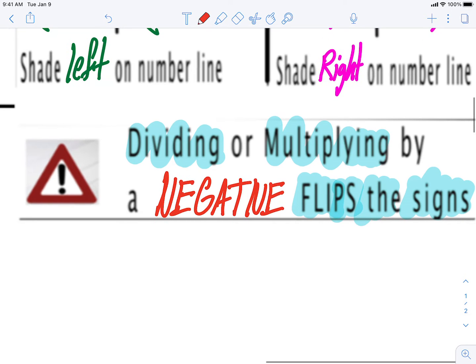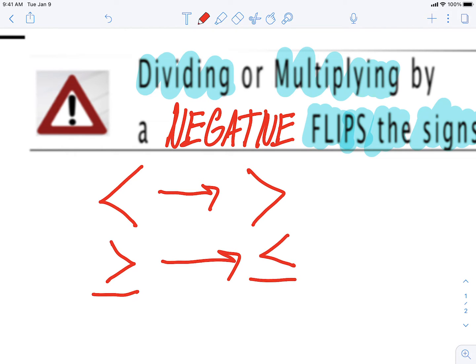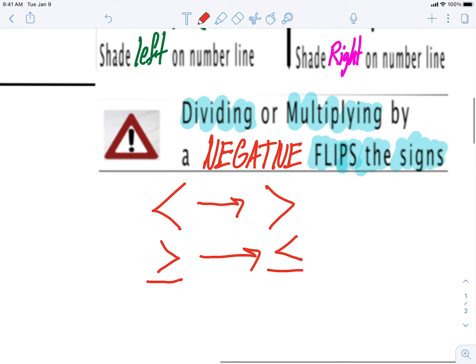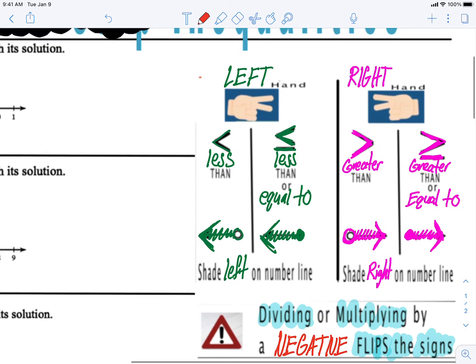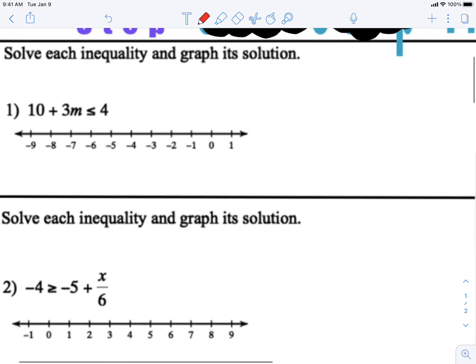So if you start off with less than, but you divide or multiply by a negative, that becomes greater than, right? If we start with a greater than or equal to, but then you divide by a negative, that becomes a less than or equal to, right? So those are rules that we've gone over in the past, right? So let's see what that looks like with multi-step inequalities.